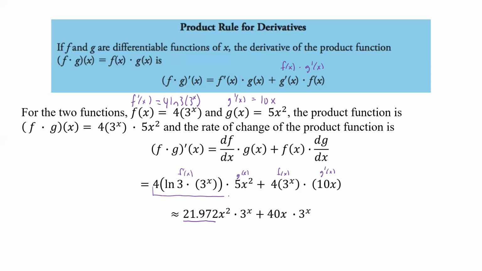Sorry, I was multiplying, I forgot there's an addition here. So we take 4 times ln of 3 times 5 and get 21.972, and then that has an x squared, and then we have 3 to the x, and then we have the plus, and now we can take 4 times 10 times x and get 40x, and then still 3 to the x. Okay, and then that would be our final answer. I forgot we had that plus in there.